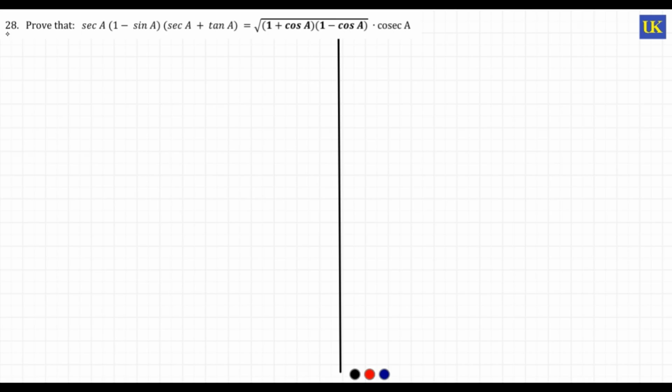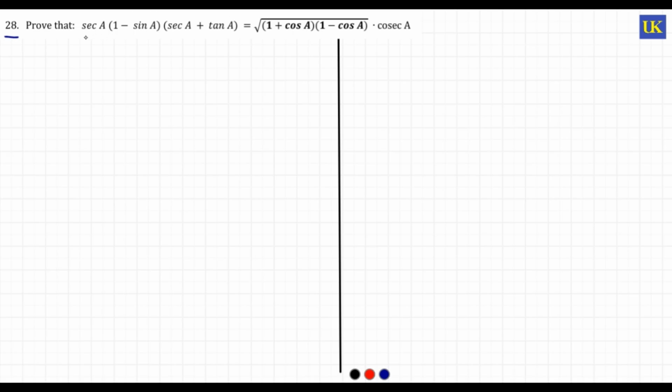Now here we'll solve question number 28, in which we have to prove sec a into bracket 1 minus sin a into sec a plus tan a is equal to under root 1 plus cos a into 1 minus cos a into cosec a.